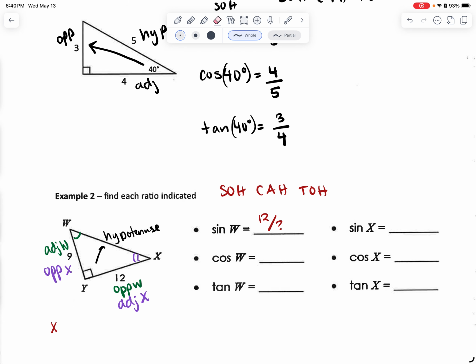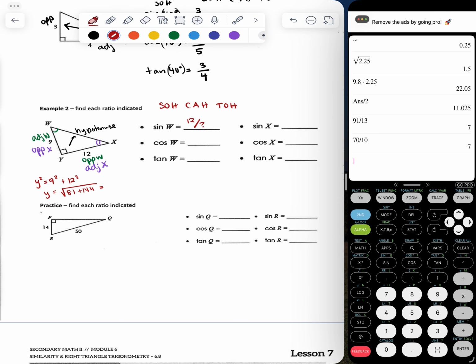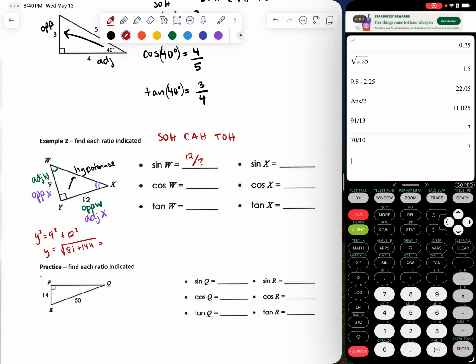Hypotenuse, and I'll call it little y because it's across from big Y. Hypotenuse squared equals 9 squared plus 12 squared. Y equals the square root of 81 plus 144. This is a reasonable time to pull out a calculator. So we'll see the square root of 81 plus 144 is 15.